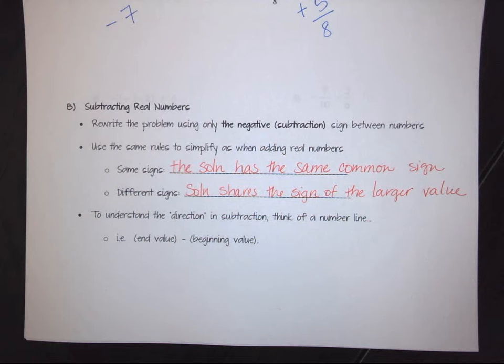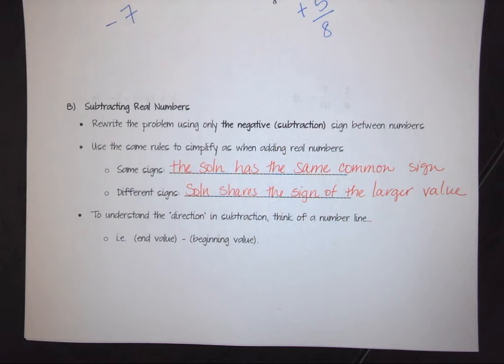Okay? Now, those same rules that we used with addition would apply with subtraction, meaning if you have two values that have the same sign, then your solution has that same common sign as well. Meaning if both values are positive, then your solution is probably positive.